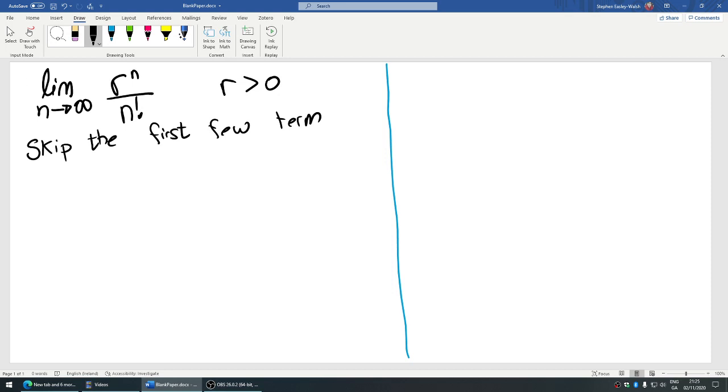So we skip the first few terms, i.e. start at n equal to capital N, round up whatever the value of r is to the next integer. So for example, if r is 2.1, then you would start at the third term.